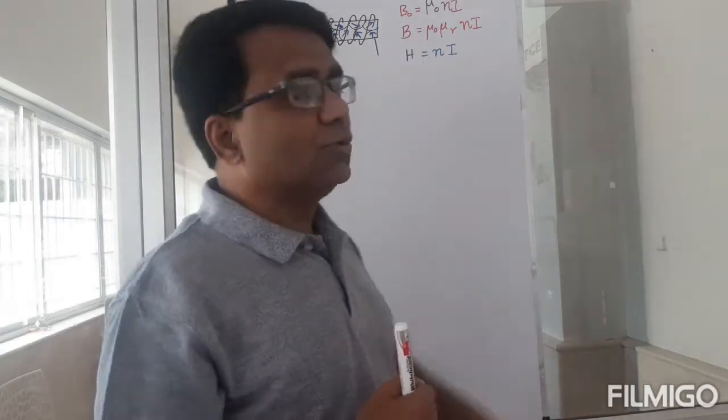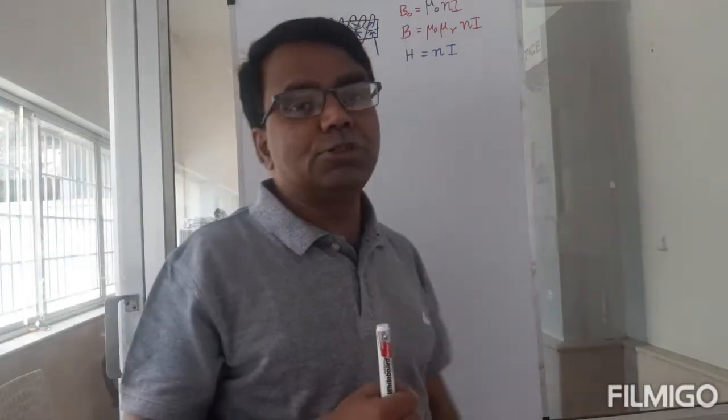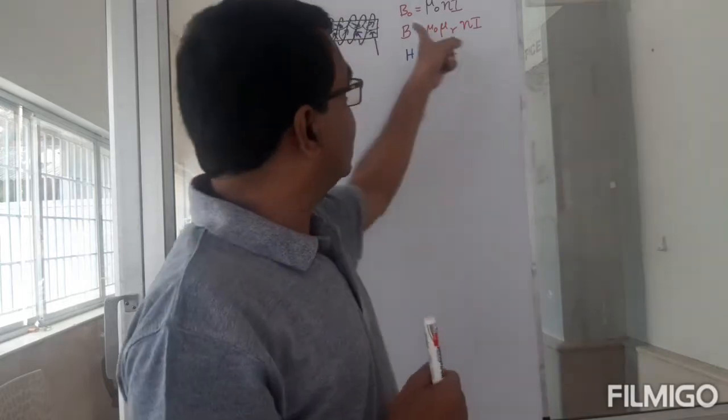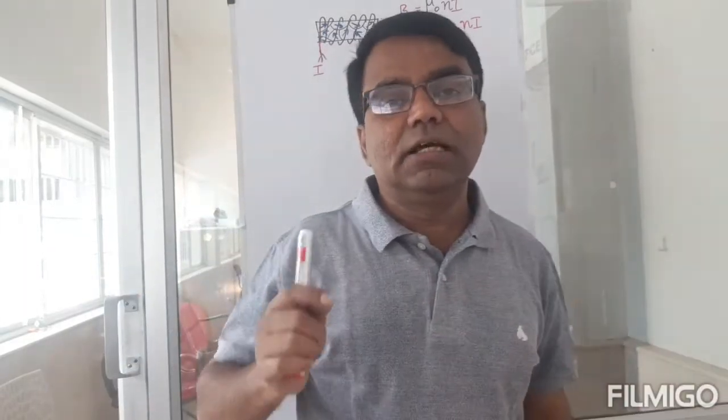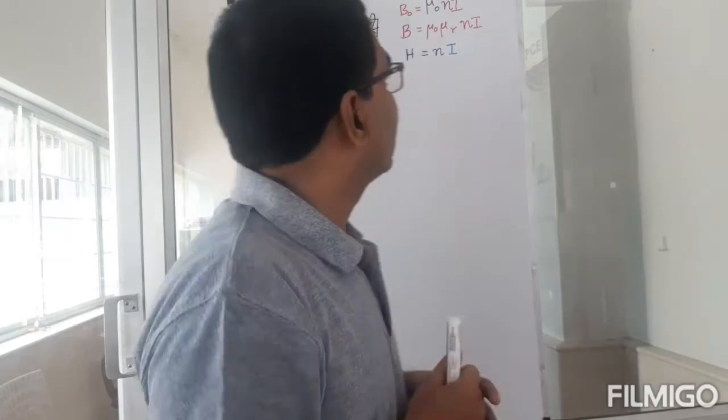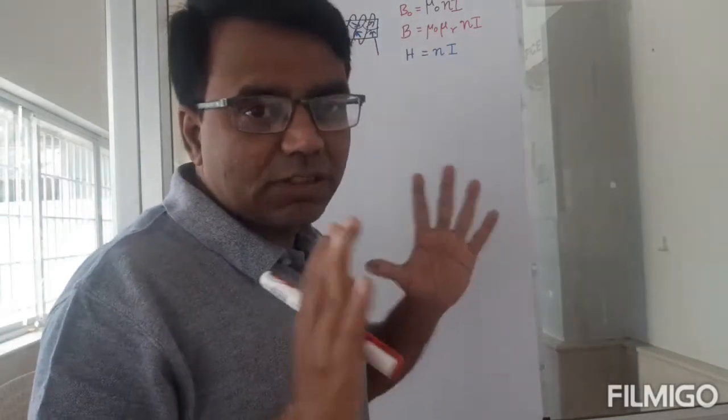I can vary that independently, but if I vary H, B is going to vary. So that's the dependent variable. You know that you will have the independent variable along the x-axis and the dependent variable along the y-axis, and that is how you plot a curve. Okay, let's see what happens if I do that.